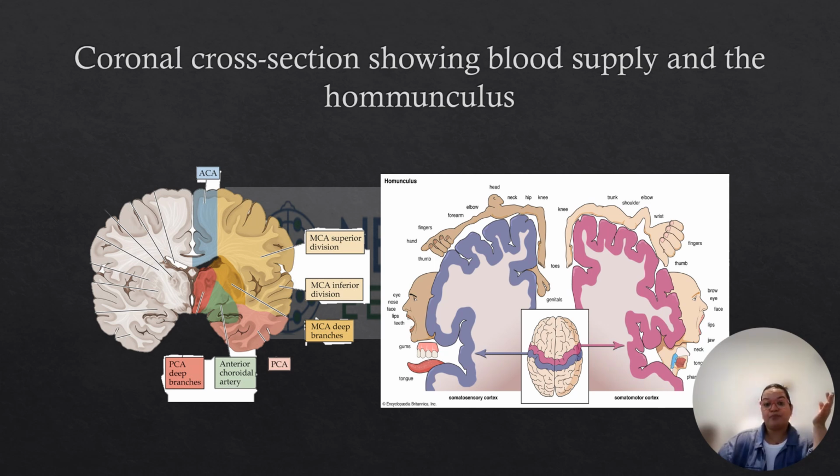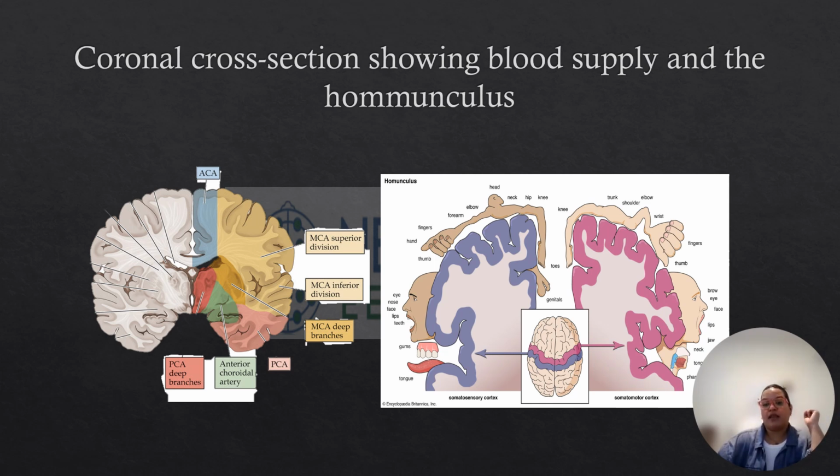So, for example, since we know that the Heschl's gyrus is here, what if this patient has a stroke on the middle cerebral artery? Could it present with auditory problems? Most likely. If it's on the left side, it could affect Wernicke's area. It could affect Broca's area. So this patient could have aphasia.